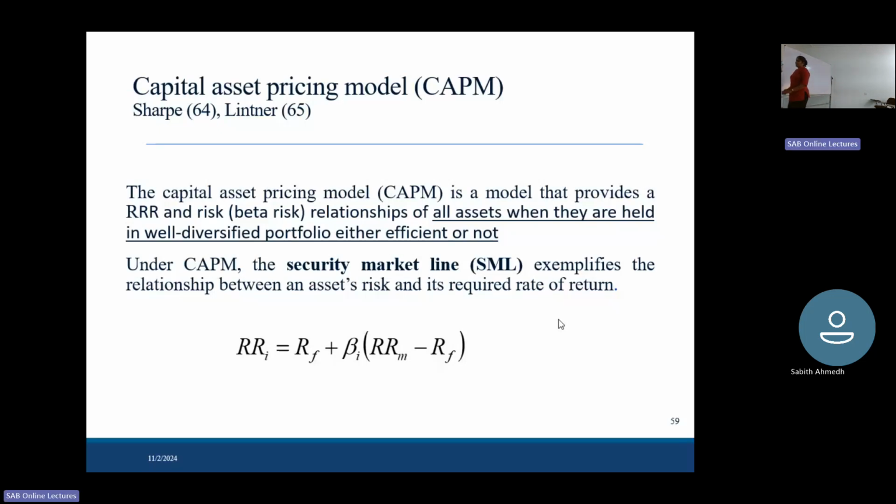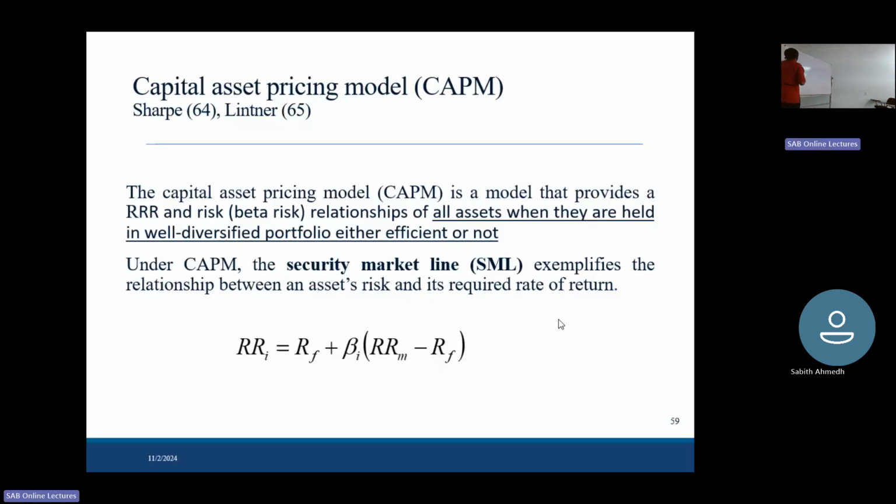According to the security market line, CAPM says the required rate of return equals the risk-free rate of return plus the beta coefficient of stock i times the return on the market portfolio minus the risk-free rate of return. This can be applied not only to individual stocks but also to portfolios, efficient or not.